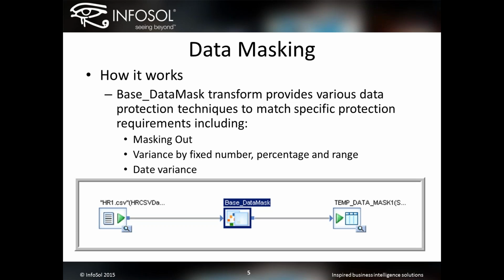Below you can see a very simplified data flow that I built that is bringing in maybe a human resource table, and then it runs it through the data masking process. What you have to do is open up that data masking transform and provide the inputs and the outputs and the type of processing that you want to do as far as the data masking piece goes, and then you're pushing it out, in this case, to a template table. So let's take a look at each of these techniques.